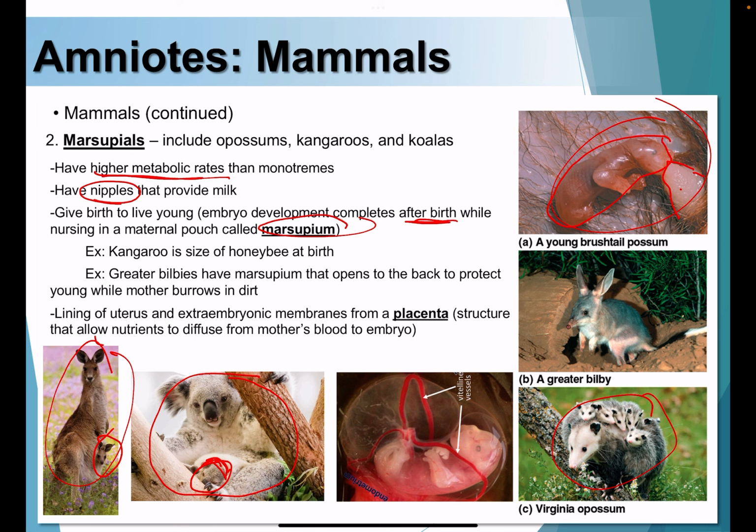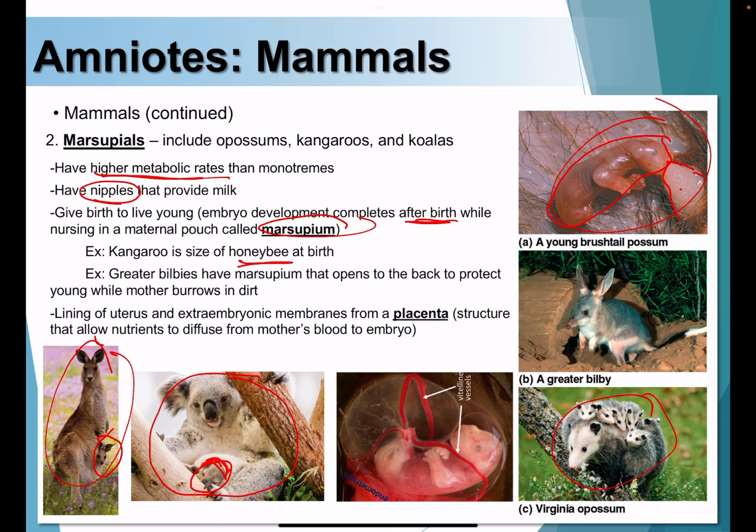Supposedly, when a kangaroo gives birth, their baby is only the size of a honeybee. Now, you imagine some kangaroos are as tall as you and I, but yet their baby, when they're born, is the size of a honeybee. How tiny is that? Your little fingertip.